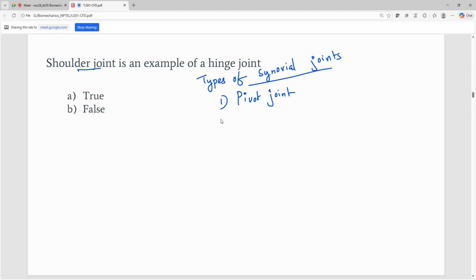One is pivot joint. Second, hinge joint. Then saddle joint. This we will be learning in coming lectures, but I'm just telling you now.